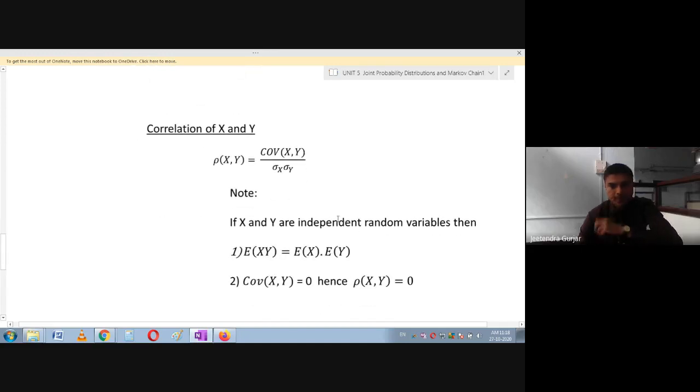Next, very simple, is the correlation of x and y. Correlation is denoted by rho, a Greek letter, rho xy, which is equal to covariance xy divided by sigma x into sigma y.